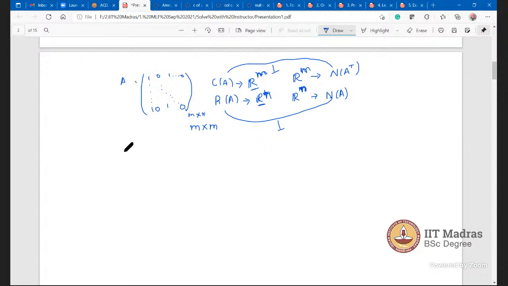So for example, you have a space U with vectors, and another space V. There is a map from U to V, and that map is represented by this A. So I'm mapping this U to V with A. Now the column space of A represents what?